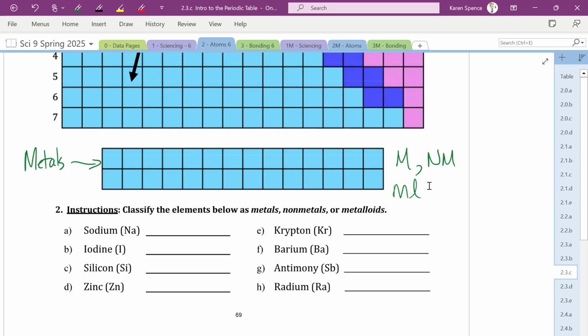And then also, yes, you're allowed to leave. So what are the pink ones? The pink ones are the non-metals.